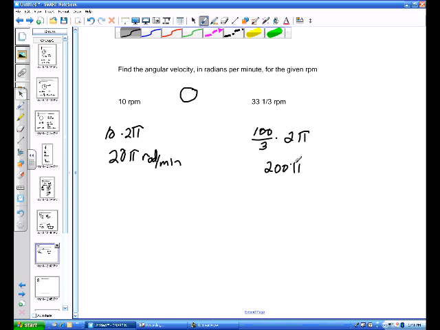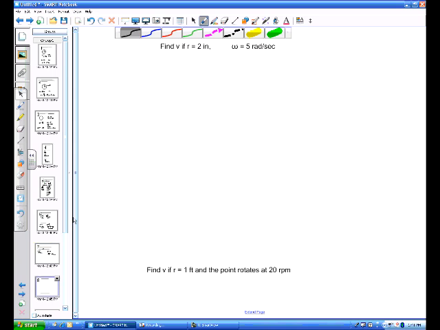So that would be 200 pi over 3 radians per minute. And a lot of times when you're talking about engines or things turning, it's in revolutions per minute instead of radians. So you're going to have to get that central angle. And you'll always then multiply your number of revolutions times 2 pi.